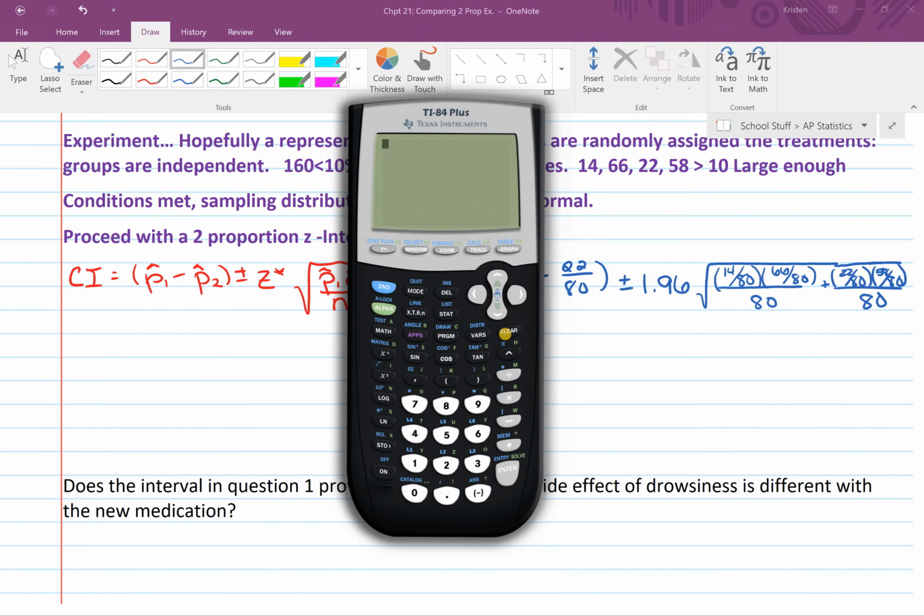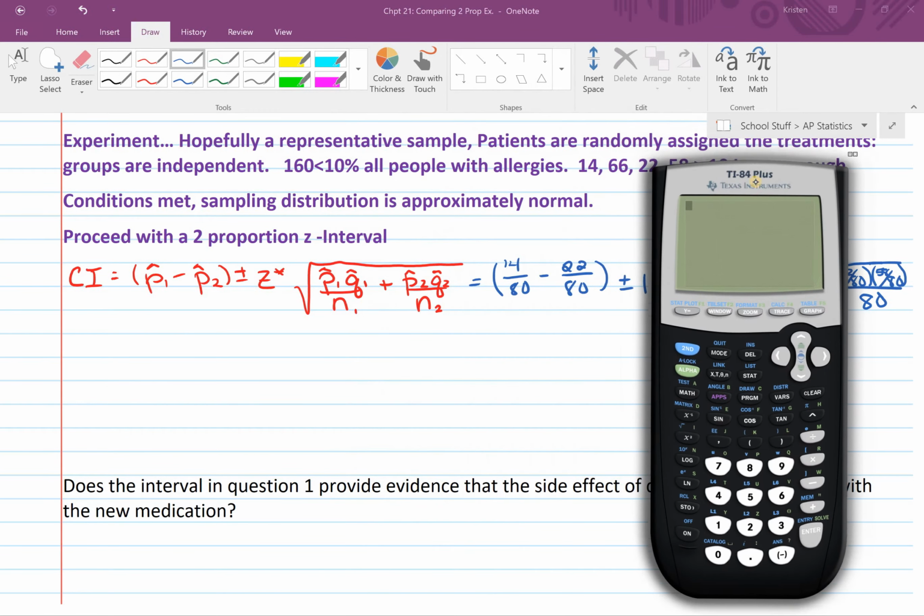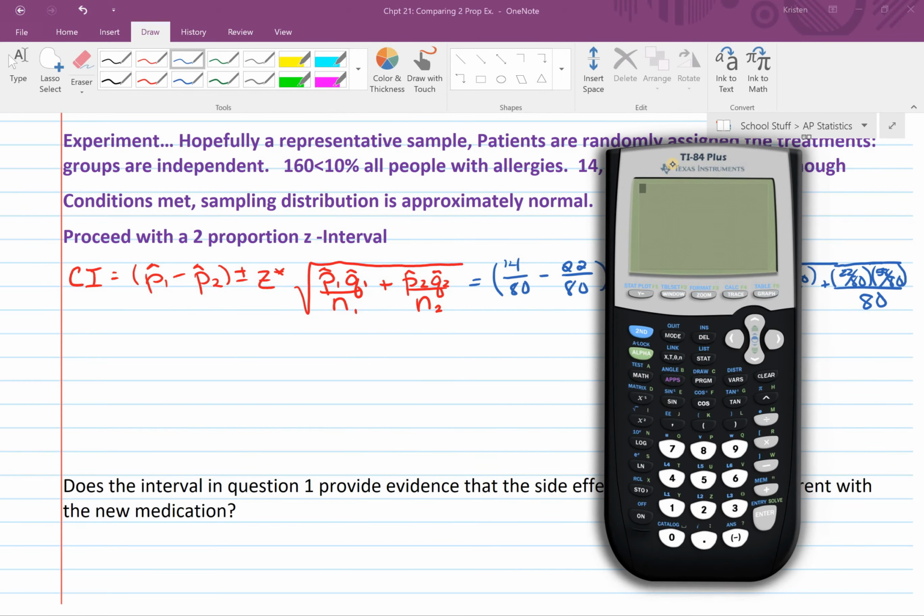Now, all of these things that we list are very helpful for us. We come back here and notice I'm doing a two proportion z interval. It's not a sample, it's a proportion, but it's not a test, it is an interval. So all of those are different. So we want the two proportion z interval.